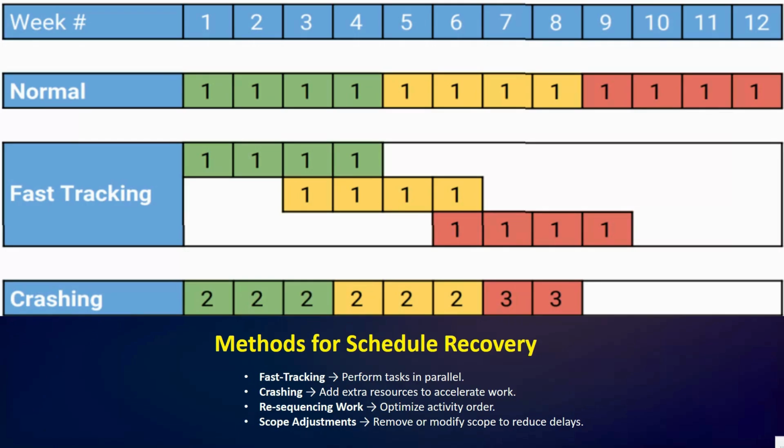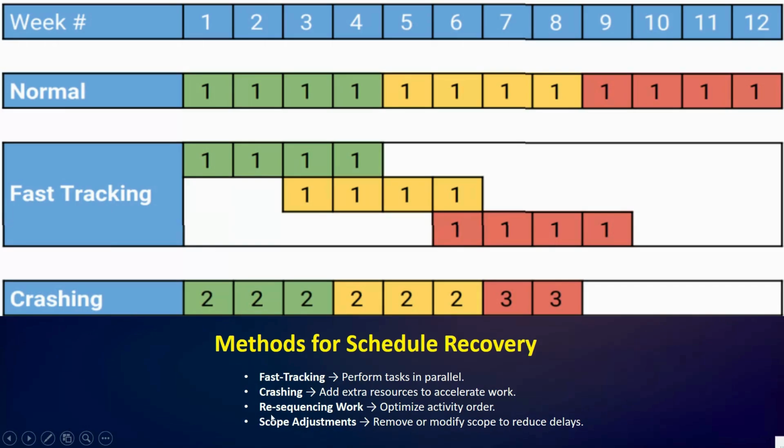Okay, so the second, you can see here we have crashing. So we add extra resources such as manpower, equipment, or shifts to speed up the work. So this increases the cost but helps to meet the deadline of the project. Okay.